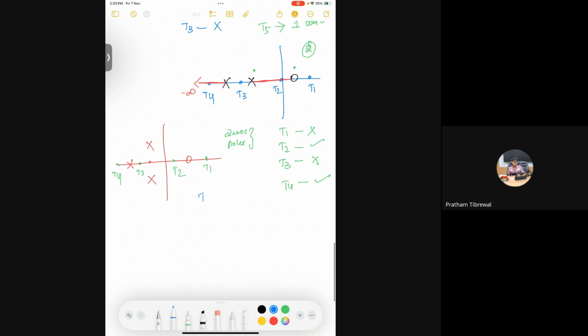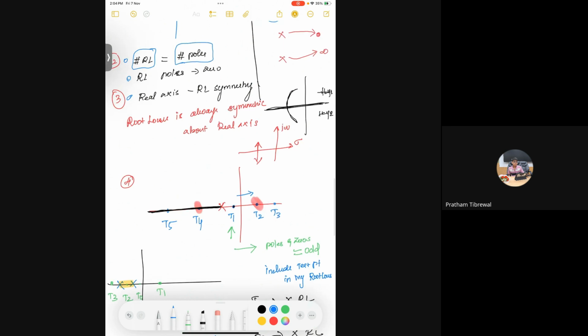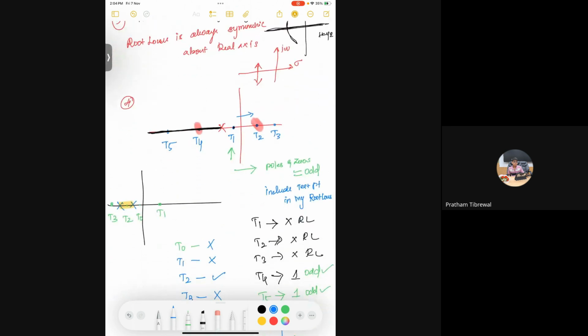T3 will also come, considering this imaginary axis as poles: one, two, and three, so it will come. But T4 will not come. Your root locus will look something like this. Now it's clear, right? This is the fourth property. Whenever you take a test point on the real axis, if you see odd number of poles and zeros combined on your right side, then that test point will come in the root locus, otherwise not.